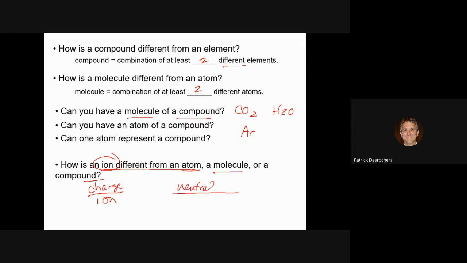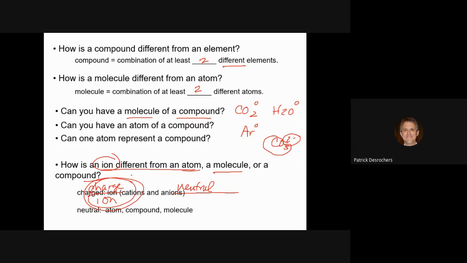But if I had carbonate ion, this thing has a -2 charge, and that would be something different. So ions have charges, and cations, which one's positive, cations or anions? Cation is positive, because it's got a T in it. That's how I remember it.